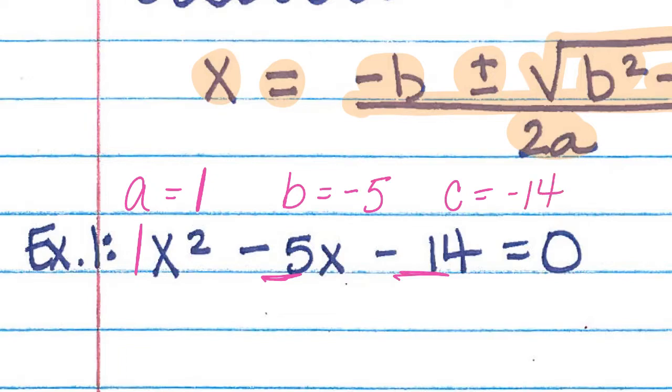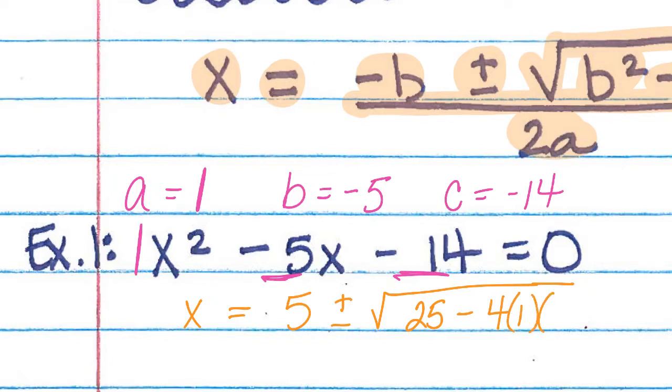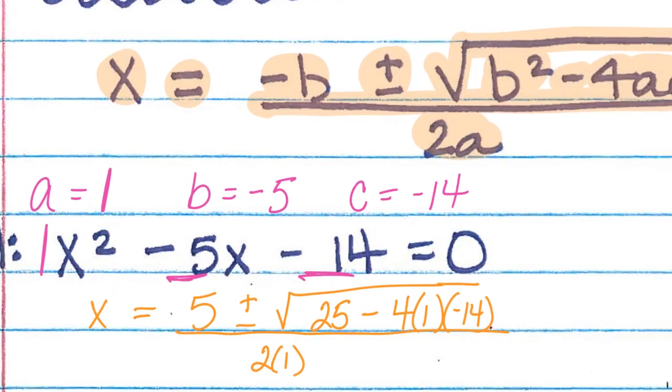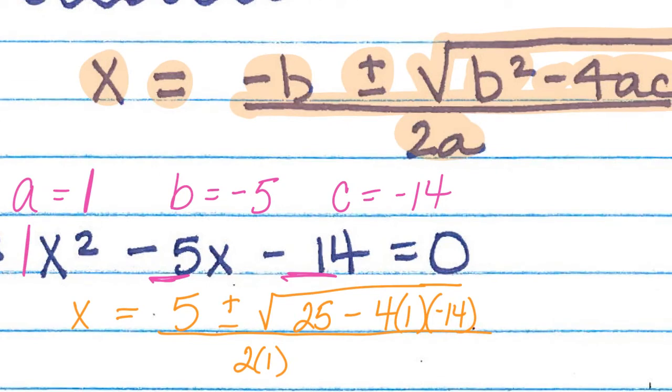And we're going to use the formula x is equal to opposite b, which is a +5, plus or minus square root b squared, well, that would be 25, because -5 times -5 is 25, minus 4ac all over 2a.